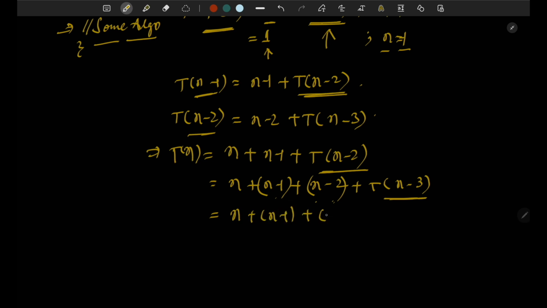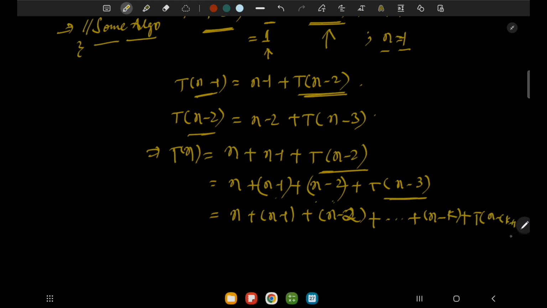So we could write this using this pattern like this: n plus n minus 1 plus n minus 2, dot dot dot, plus n minus k, plus T of n minus k plus 1. Let me write it somewhat clearly here.